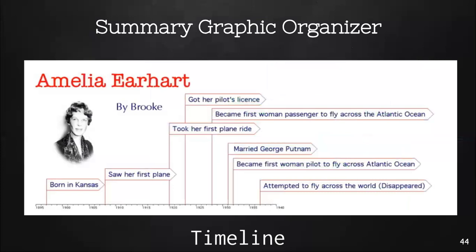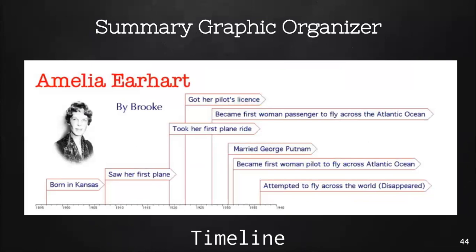Another summary graphic organizer that is helpful, especially for writing sequence of events for longer pieces, would be a timeline. What's interesting about a timeline, I use this one with third grade, with the third grade unit, and this book is not written in order from the beginning of her life to the end of her life. So the students actually had a really difficult time.